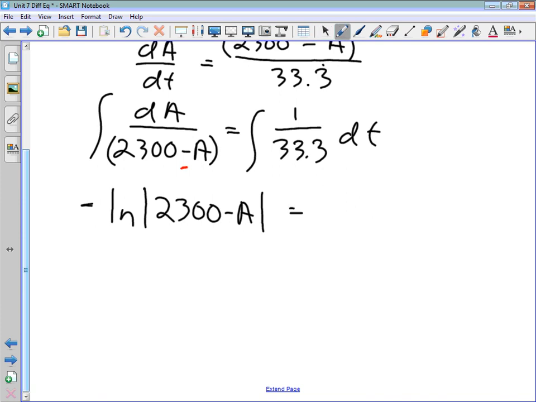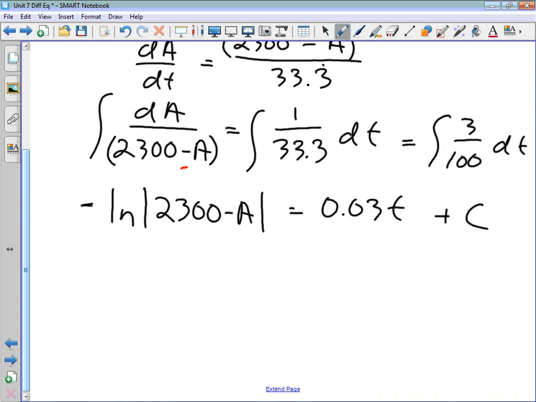Over here, what can I do with this thing? Well, this 1 over 33.3, of course, is just 3 over 100 dt. So let's write this as 0.03 t, and we'll factor in a constant of integration here.